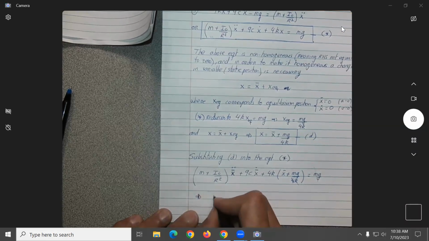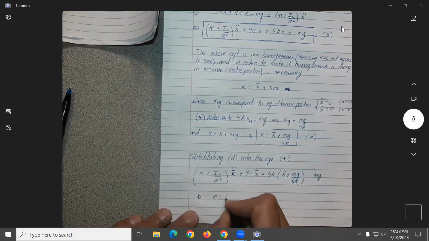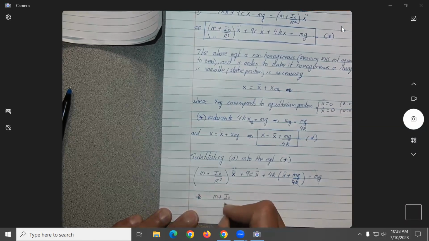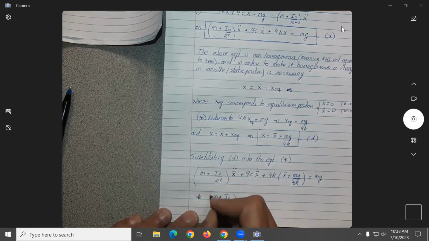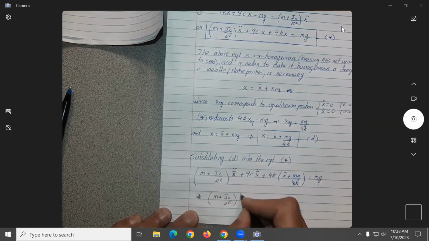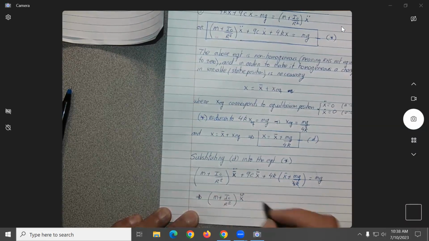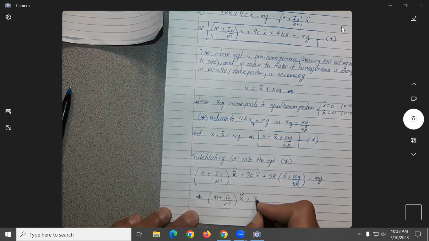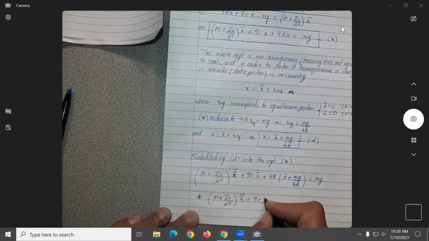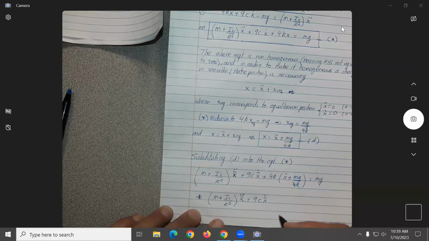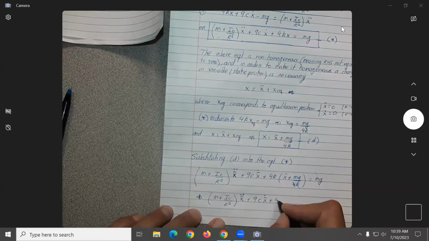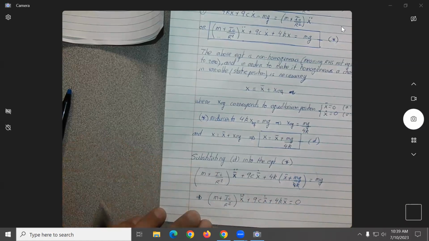Our equation of motion is m plus I sub naught over r square, times x bar double dot, plus 9c x bar dot, plus 4k x bar, equal to 0.